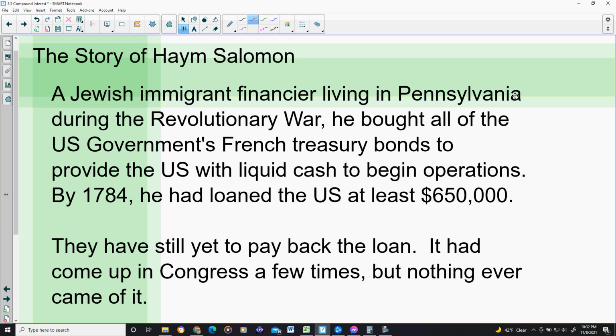He is an investor, so he's got a fortune of his own through various means, businesses, investments, and he's also very good at convincing people to use their money to do things. He is all for American independence, so one of the big things that he does is he buys up all of the US government's French Treasury bonds in order to give the government liquid cash to pay troops, buy supplies, basically to win the war.